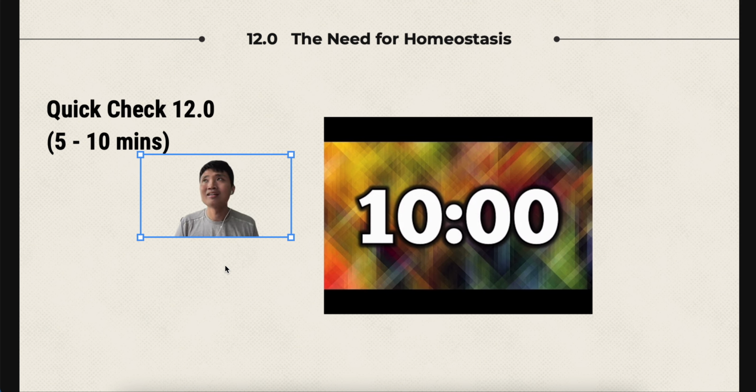Two last naggings here. Number one, if you look at your quick check 12.0 question 2, make sure that when you explain, I asked about blood water potential, the keywords are there: stimulus, receptors, so the osmoreceptors, corrective mechanism, then negative feedback. All these words must appear in your answer.